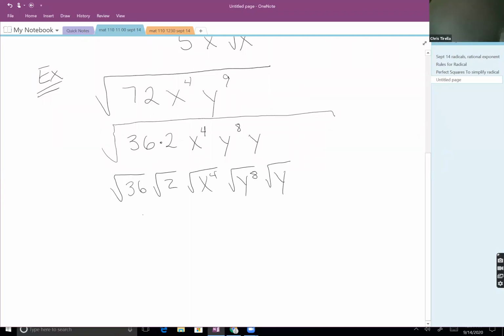And then the square root of 36 is 6. 2 is not a perfect square. It has to stay in. The square root of x to the 4th is x to the 2nd. The square root of y to the 8th is y to the 4th. And that other y has to stay in. Then I'm going to rearrange: everything outside of the radical gets multiplied, and the 2 and y left in the radical get multiplied underneath.